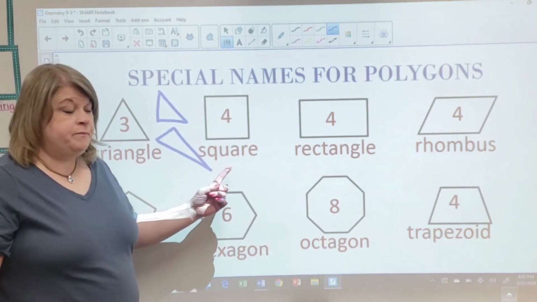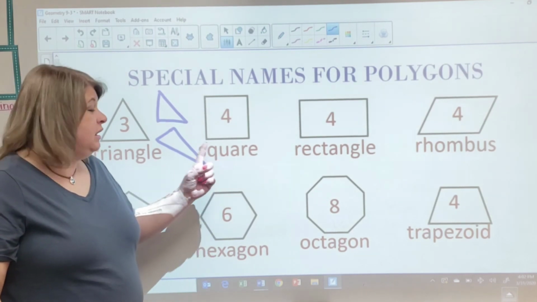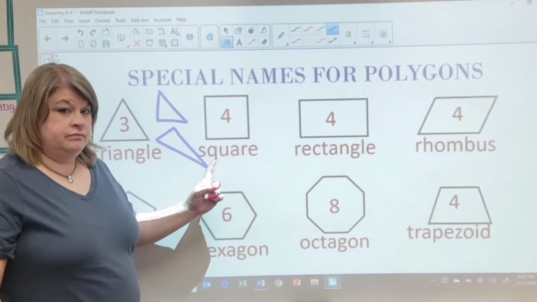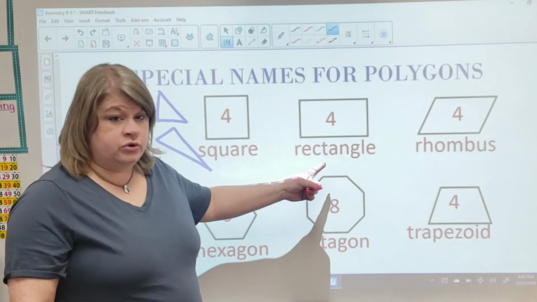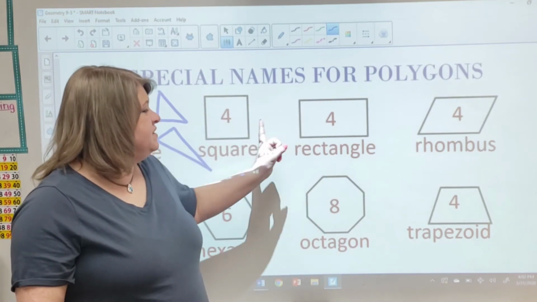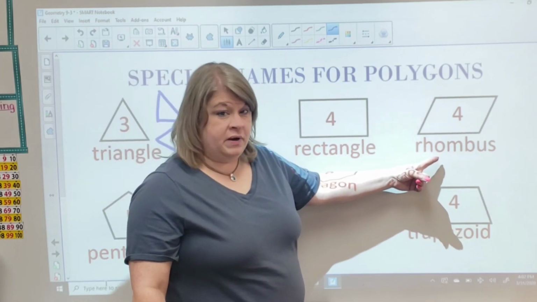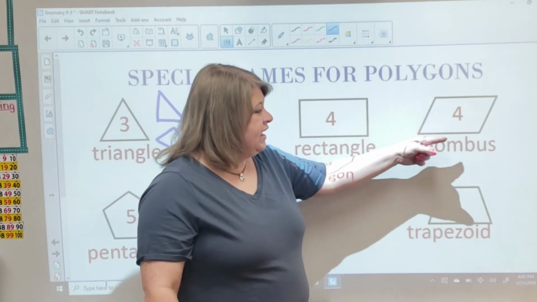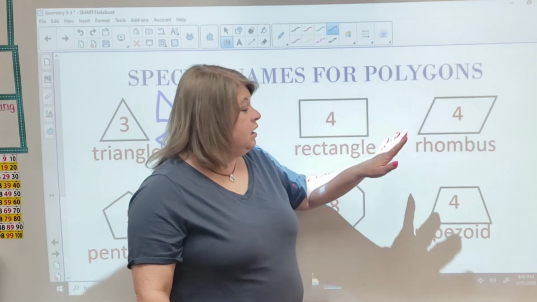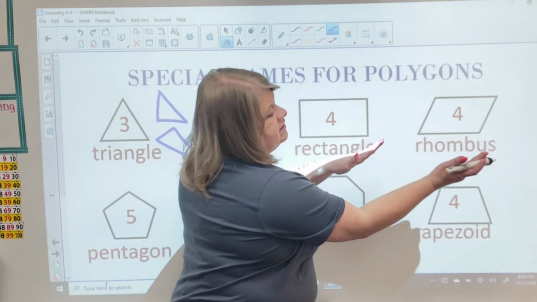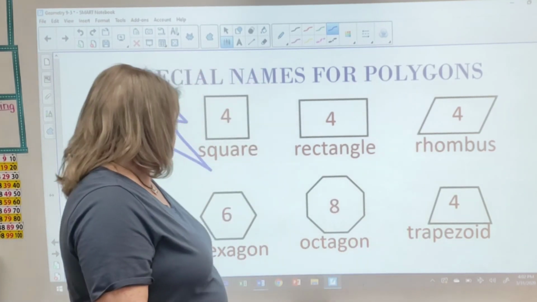A square, a four-sided polygon that every side is equal. A rectangle, a four-sided polygon where the opposites are equal. A rhombus, remember our bus that's moving forward, it has four sides and the two sides are kind of slanted. That's a rhombus.